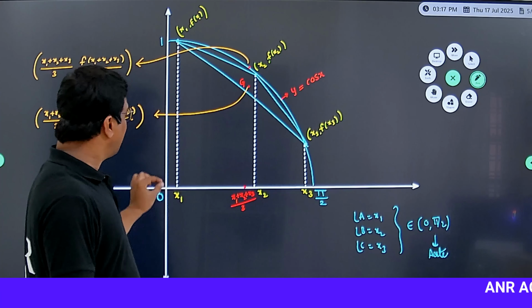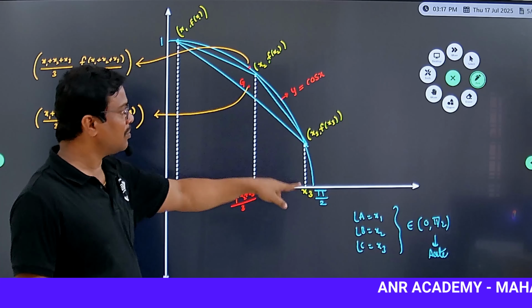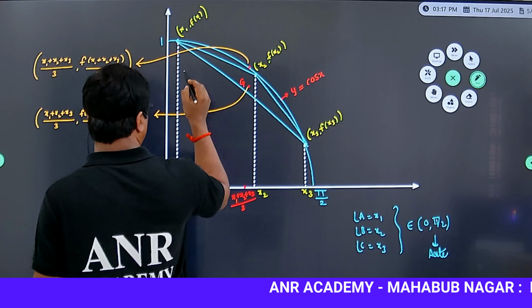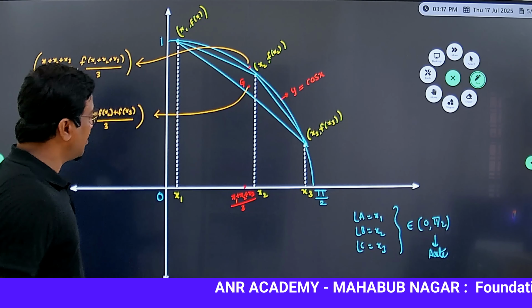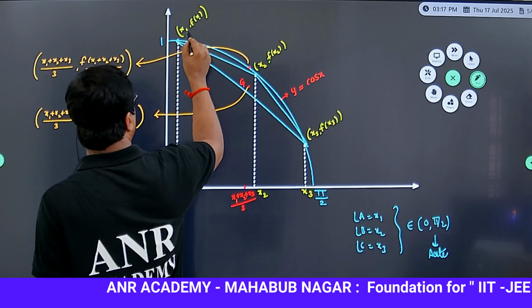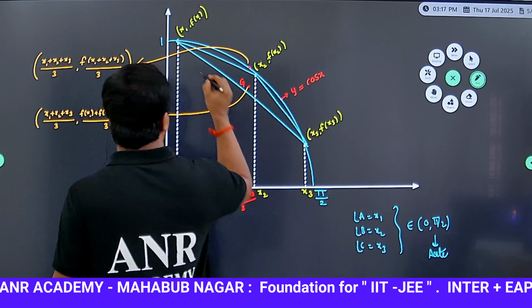Now join the corresponding outputs f(x1), f(x2), f(x3). We get 3 points. Here x1, f(x1) is one point, x2, f(x2) another point, x3, f(x3) another point.